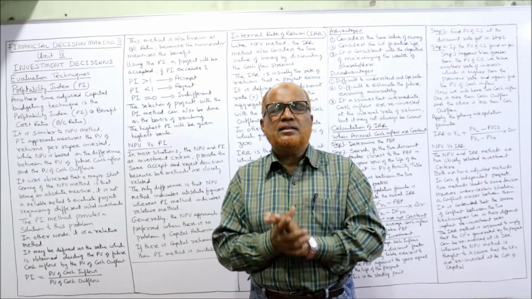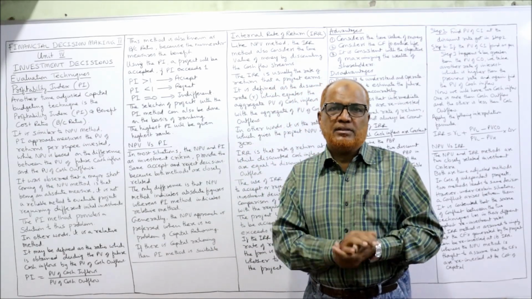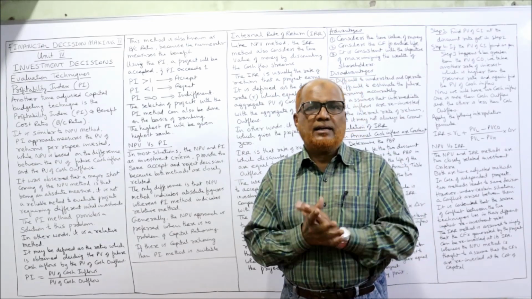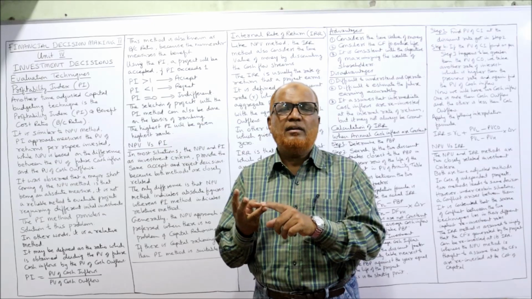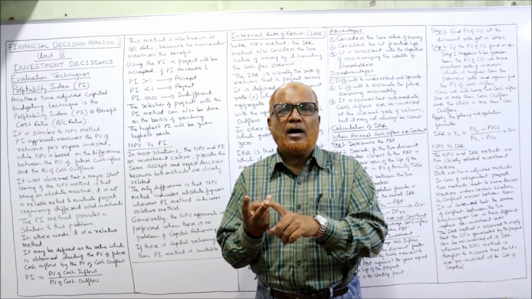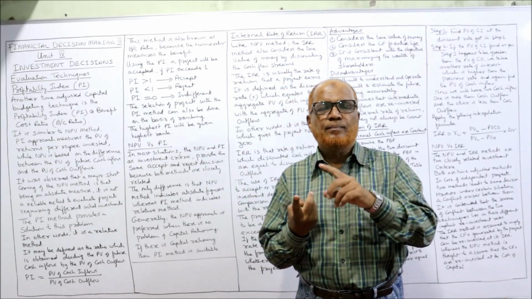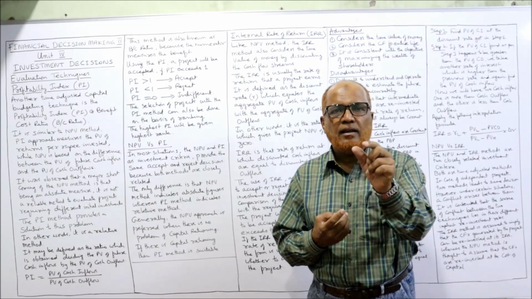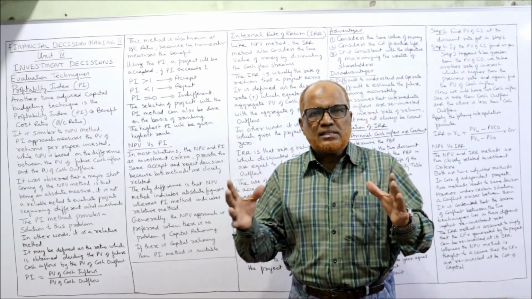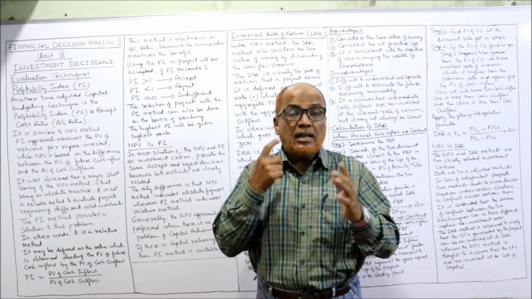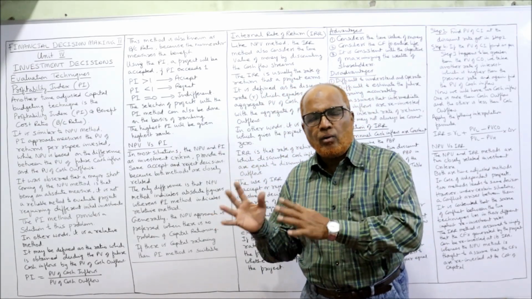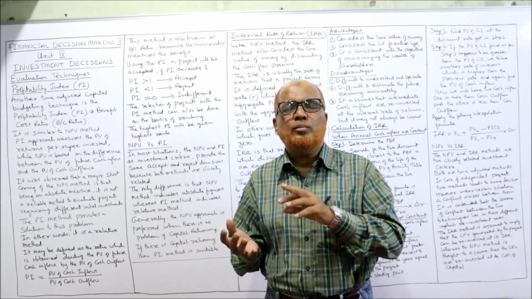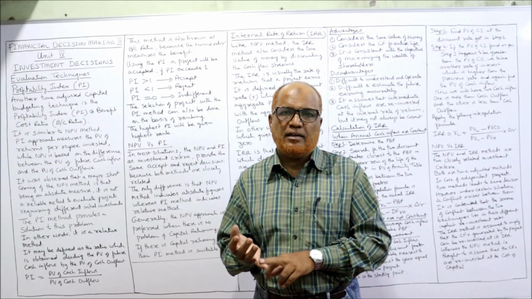The remaining three methods are modern methods, discounted techniques: NPV, net present value, PI, profitability index, and IRR, internal rate of return. In the last video I explained NPV. Now in this video, I'm going to explain the remaining two methods, that is PI and IRR.